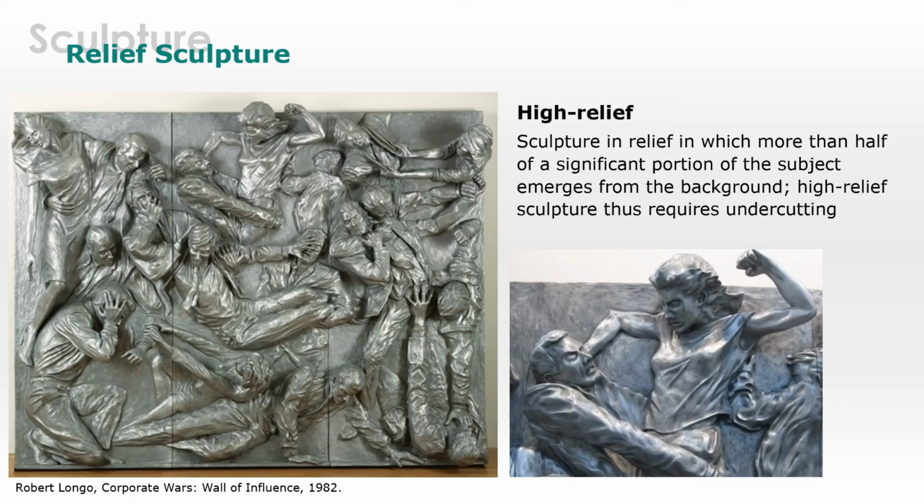Much of the composition is a high relief with undercutting. In only a few areas are limbs and garments barely raised above the background surface. Dynamic gestures and the diagonal placement of torsos and limbs make the sculpture very active. High-relief sculptures suggest the depth of space more effectively than low-relief sculptures as well.